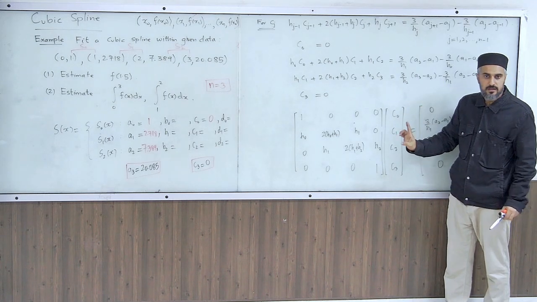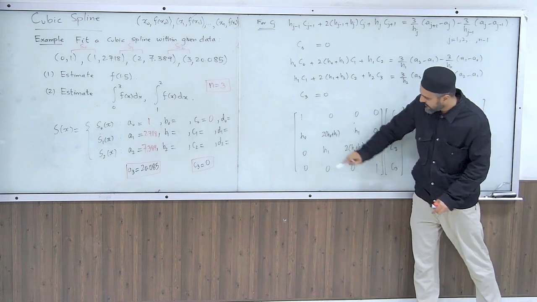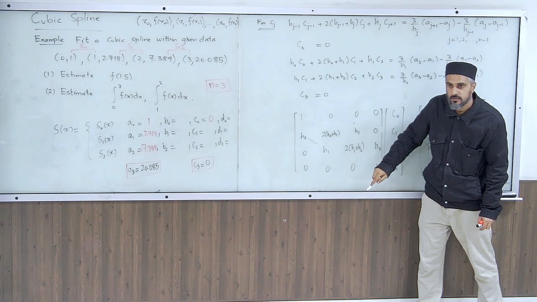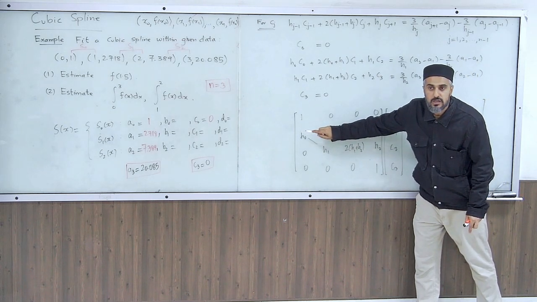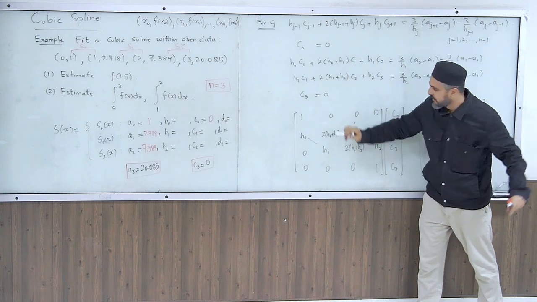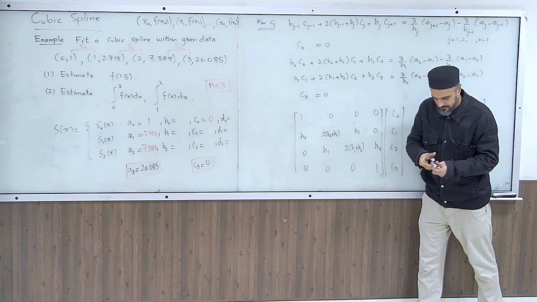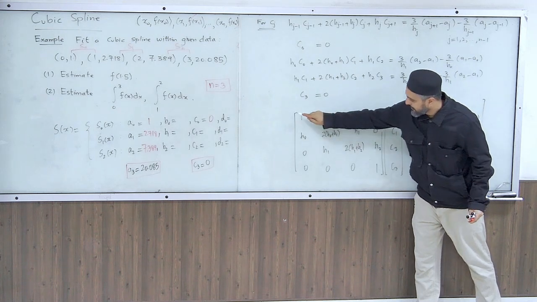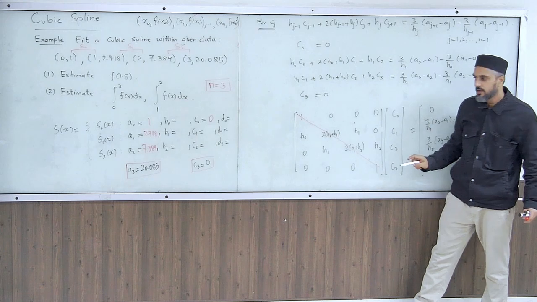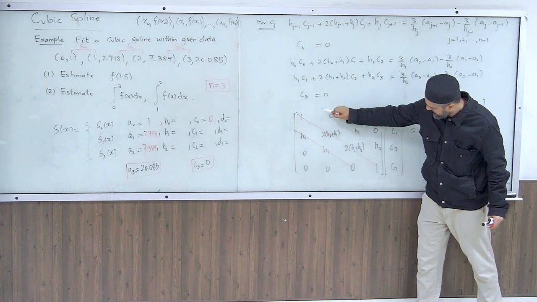And one good property of this linear system is that you'll see a lot of zero entries if it is a larger matrix. The only non-zero entries occur at the main diagonal and the adjacent diagonal entries.